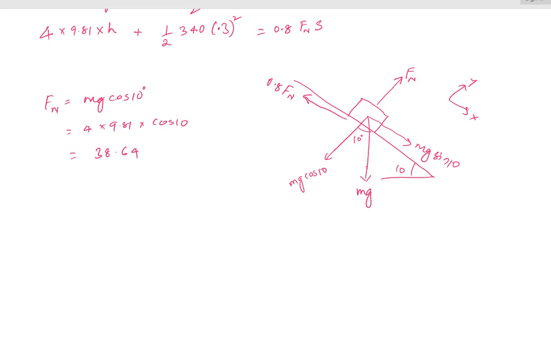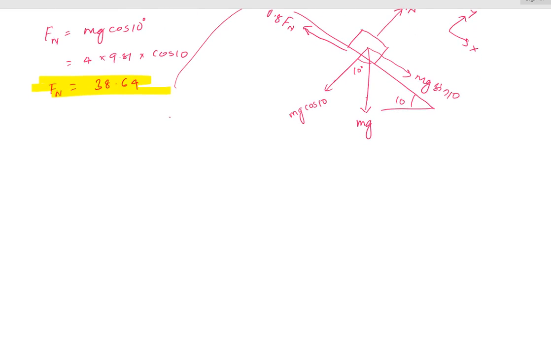Let me write Fn here, and this is an important number. We'll be using this back. We've got to put everything back into this equation. Another point is, in this slope, imagine this as a triangle.